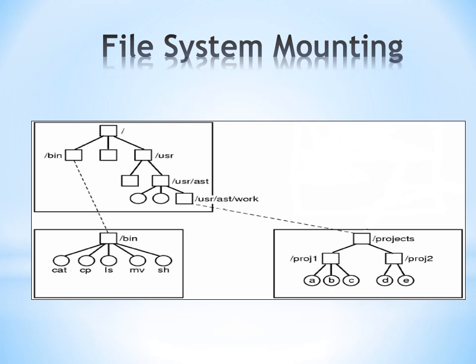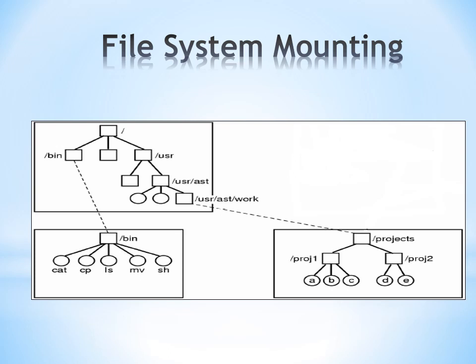Now we can see it is more useful in Linux. This is an example of file system mounting, whereby you have a directory structure and mount points. You mount the device, you mount the directories to another group of directories in order for you to access that particular group of directories.